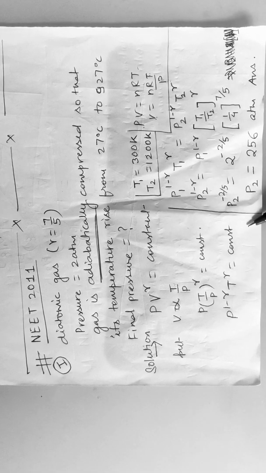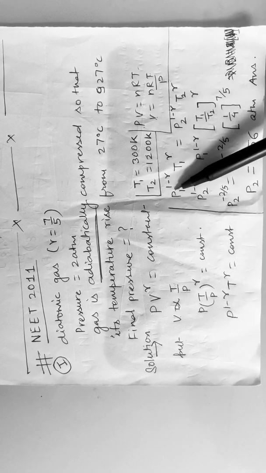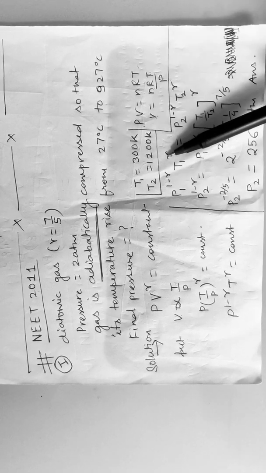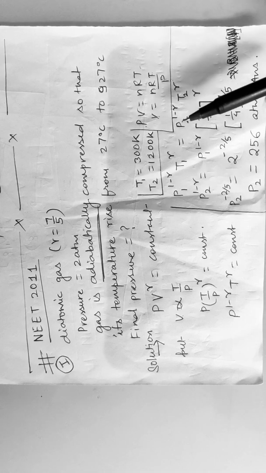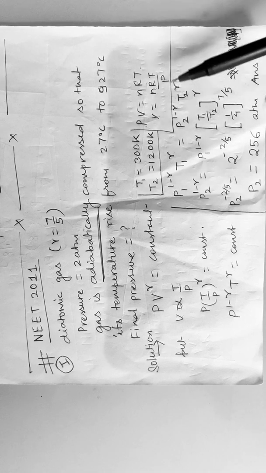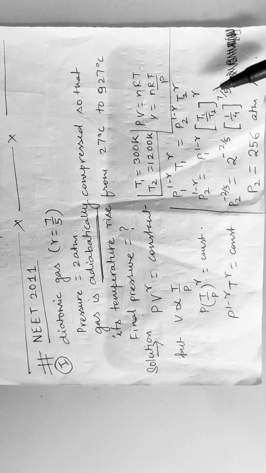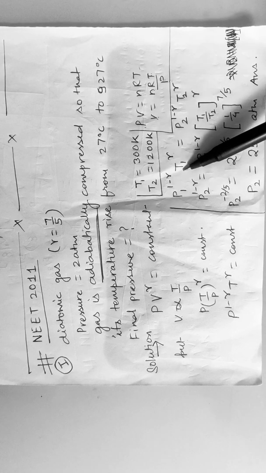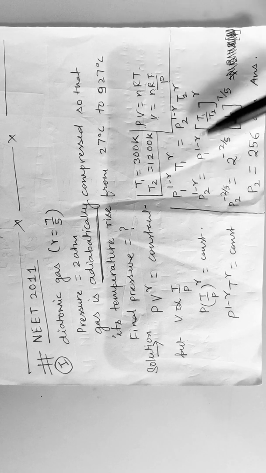Now for both the states, initial and final, we apply this equation. P1 raised to the power 1 minus gamma, T1 raised to the power gamma is equal to P2 raised to the power 1 minus gamma, T2 raised to the power gamma. Just simplify it. T1 and T2 have the same power gamma, so we have taken them to one side.